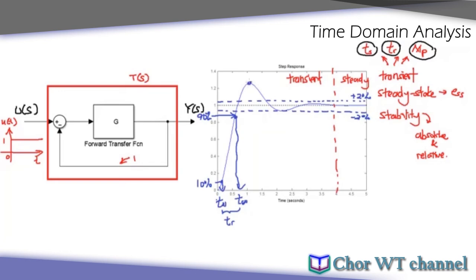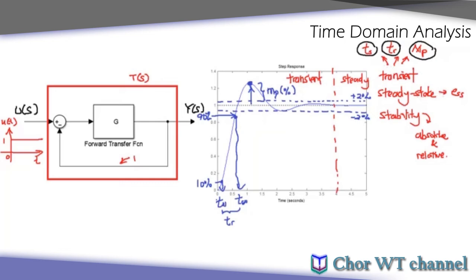The maximum overshoot is the highest point above its final value. From here to here is our maximum overshoot, and we normally measure it as a percentage. These three criteria are the specifications we look at when we design a control system or want to measure performance in the transient: settling time, rise time, and maximum overshoot.